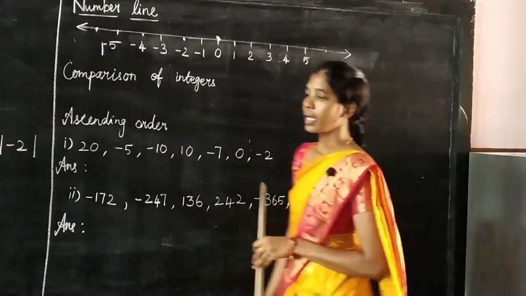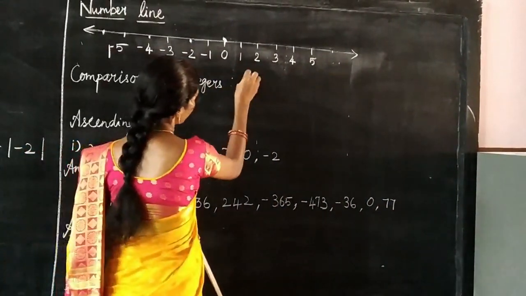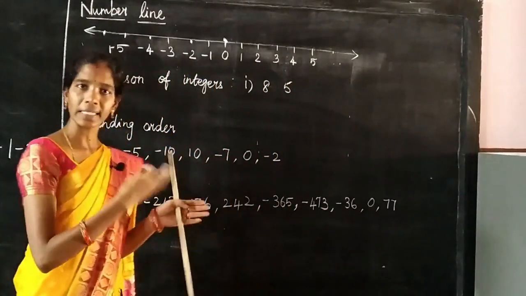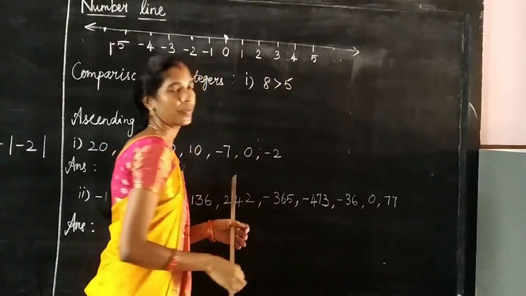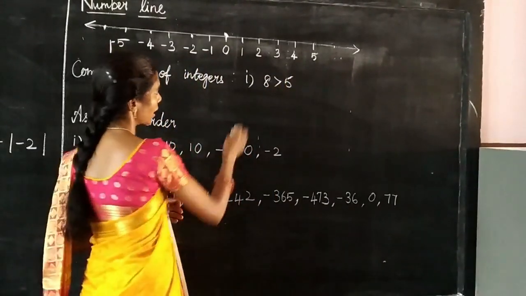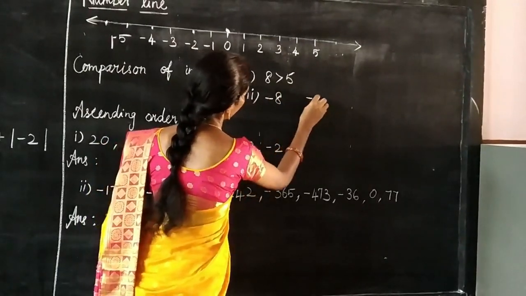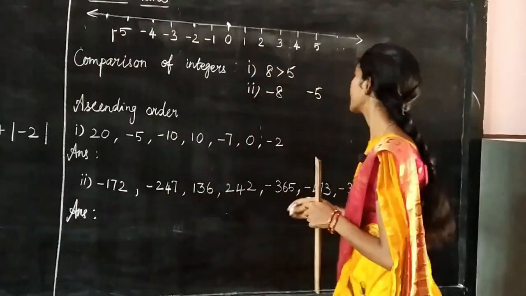Then comparison of integers. If we take any two positive integers, suppose 8 and 5, we compare them as whole numbers, so 8 is greater than 5. Suppose we take two negative integers, minus 8 and minus 5. How can we compare them?